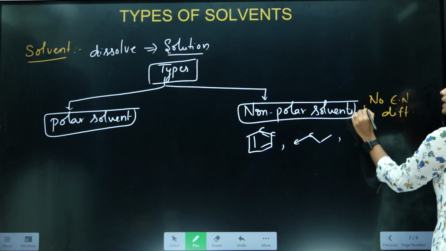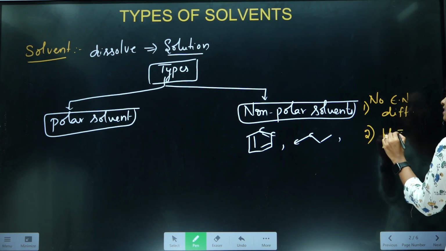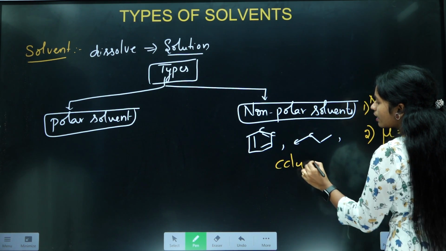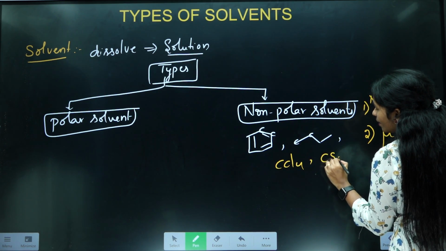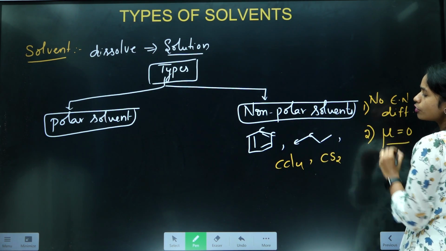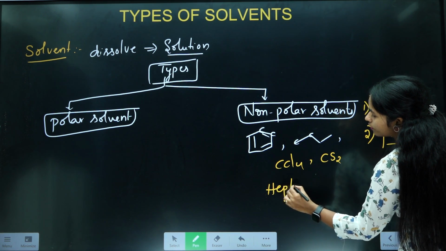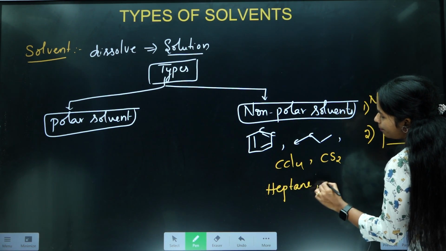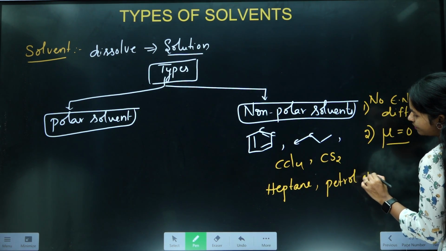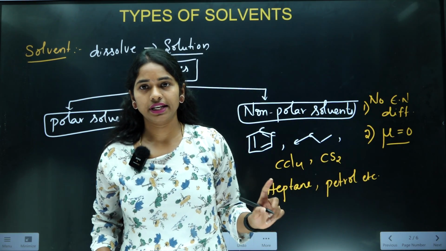And the compounds in which the dipole moment is zero, like CCl4 and carbon disulfide, are also non-polar, like heptane, petrol, etc. These are the solvents in which there is no electronegativity difference.